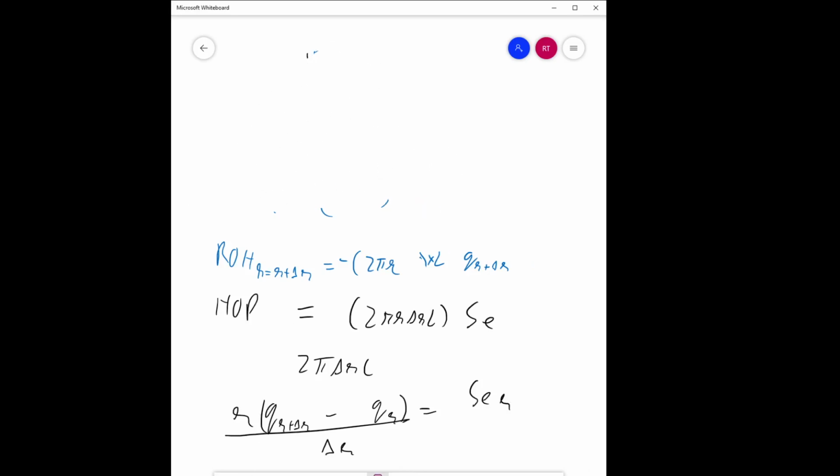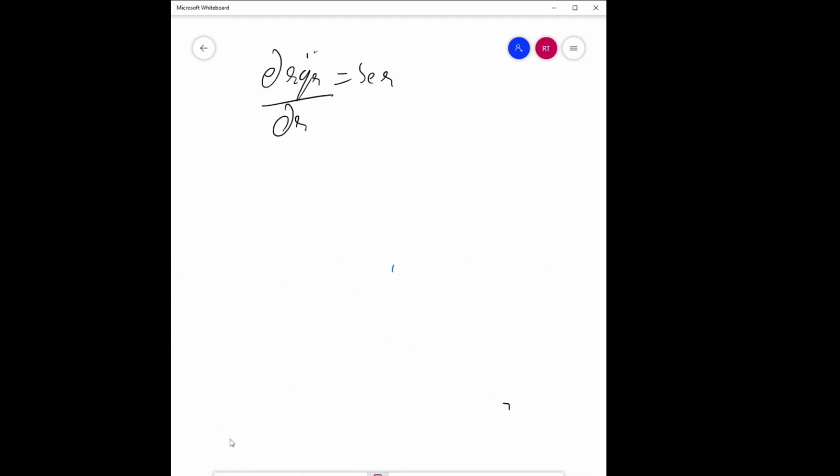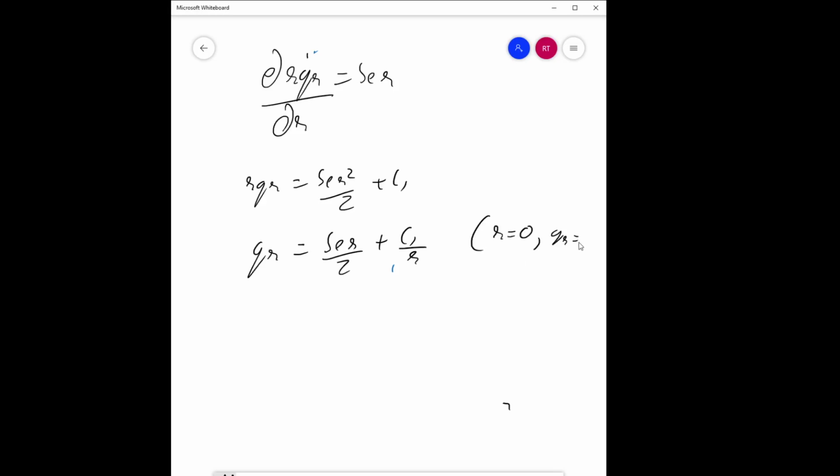Now you can take delta R tends to 0, so you get d by dr of (r Q R) is equal to S C R. So now you can integrate this part, and on integration you get r Q R is equal to S C R square by 2 plus C1, and Q R is equal to S C R by 2 plus C1 by R. Now we know at R is equal to 0, Q R must be finite, it cannot be infinite.